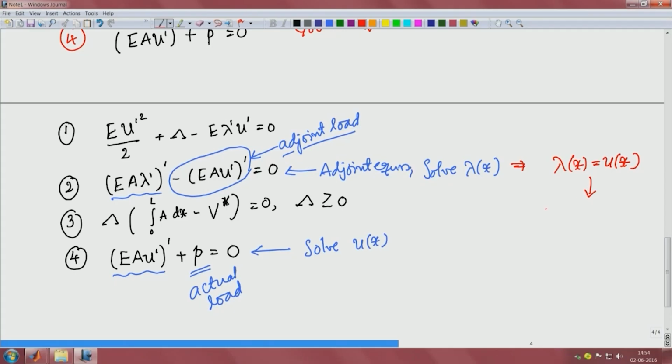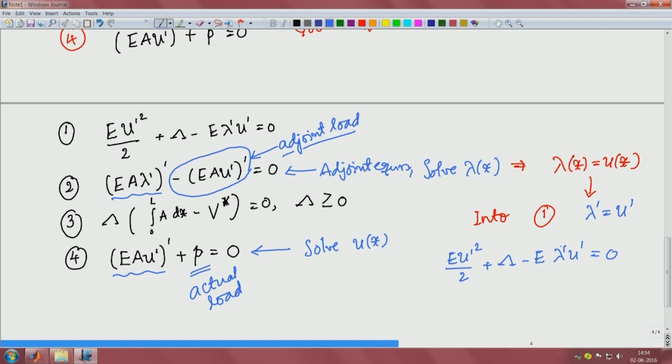Now, knowing that, if we substitute this result into 1, what does 1 become? We have E u prime square by 2 plus lambda minus E lambda prime u prime is equal to 0. If lambda is equal to u, we also know that lambda prime will be equal to u prime.